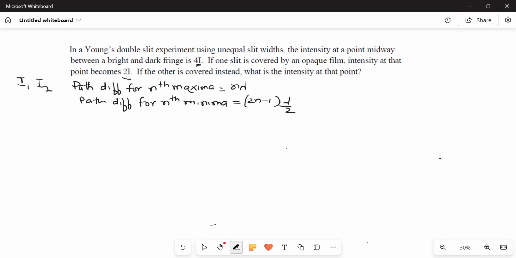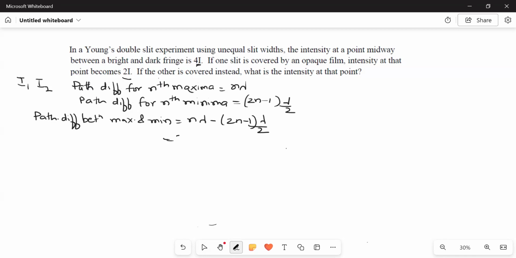Now our point is midway between a maxima and a minima. So first we will find the path difference between a maxima and minima. That will be the difference of these two, that is n lambda minus (2n minus 1) lambda by 2.